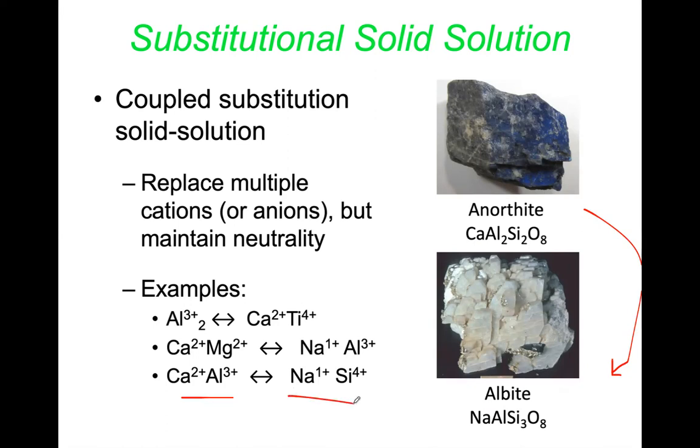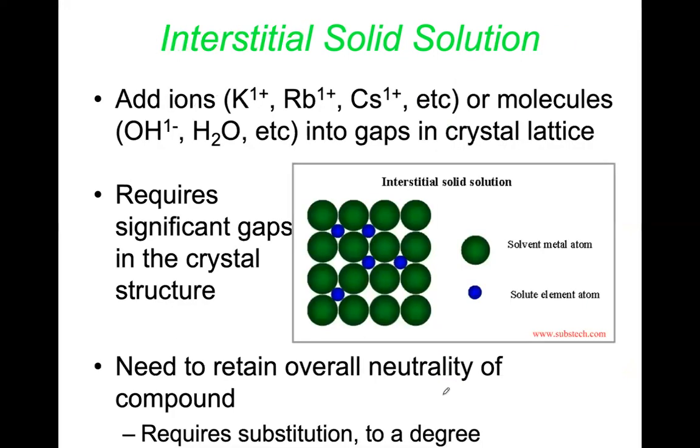Here you can see Si is 2 here, but here Si3, silicon 3 atoms there, because you have a monovalent cation here instead of the bivalent cation which is available there. So 3 plus 2 is 5, and 4 plus 1 is 5, right? So this is another coupled substitution occasion.